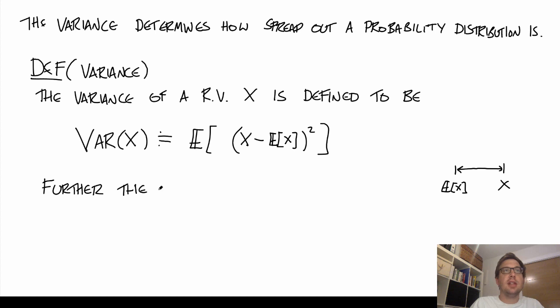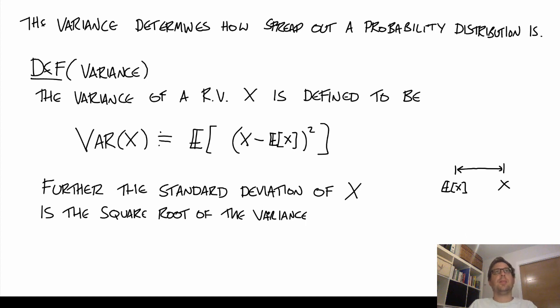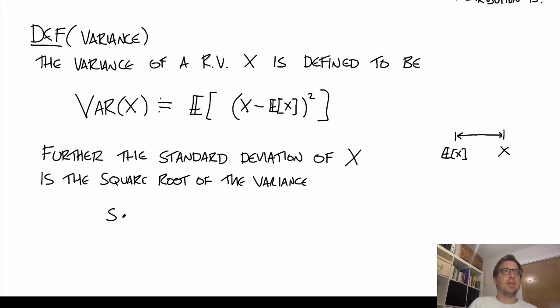Further, the standard deviation of x is the square root of the variance. I guess this isn't standard notation to write std of x, but sometimes people use it that way.